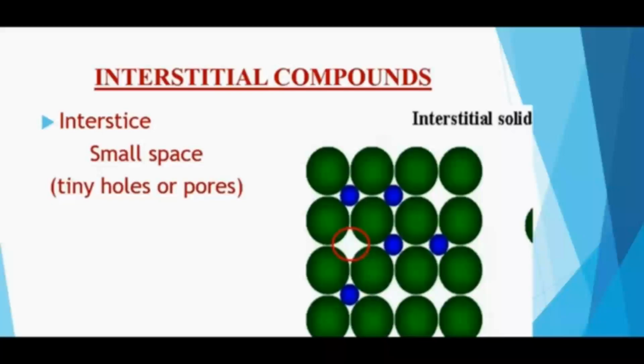Now smaller atoms, let's say hydrogen or carbon or boron, nitrogen, they occupy this small space, and in this way they get absorbed in the metal surface and activate for the reaction. The metals have small pores or gaps between them. These small pores absorb the smaller elements and thus they activate the reactants for the further reaction.